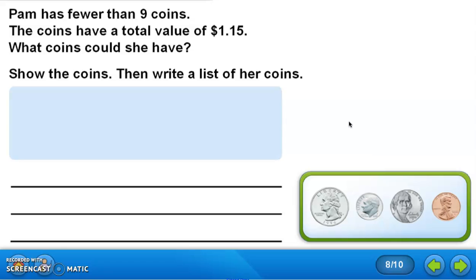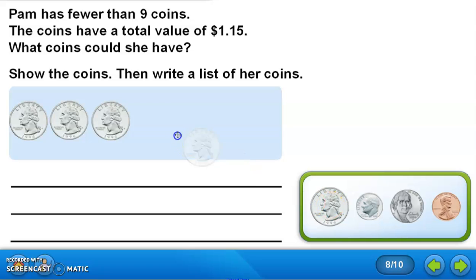So she can actually use any coins, kind of similar to the problem that we had in the video. She's trying to get $1.15. For this one, instead of using 3 quarters, because she can use any coin she wants, we can use all 4 quarters to make our dollar. Okay? So there she goes. She has 4 coins, 4 quarters.